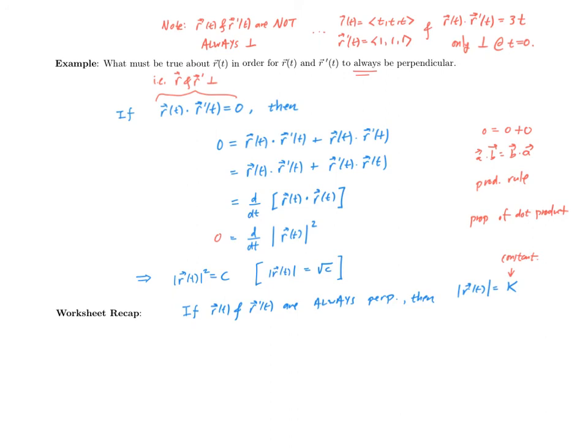As mentioned, this is not an easy thing to do, but hopefully in retrospect, you can go through step by step and see how we've justified this work. And just for fun, a different way of saying this would be that r of t lies on a sphere centered at the origin with radius k.